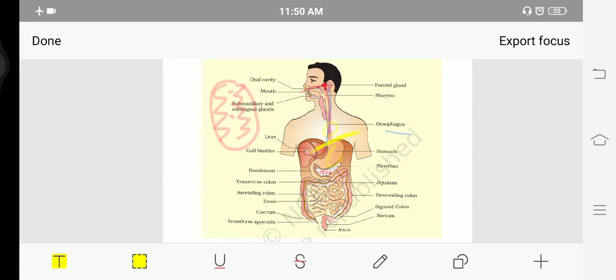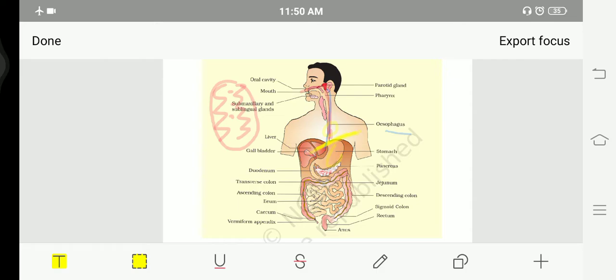The semi-solid food called chyme enters. In the small intestine, the pancreatic carbohydrate enzyme and intestinal carbohydrate enzymes are there. These are able to break down the carbohydrate food molecules.